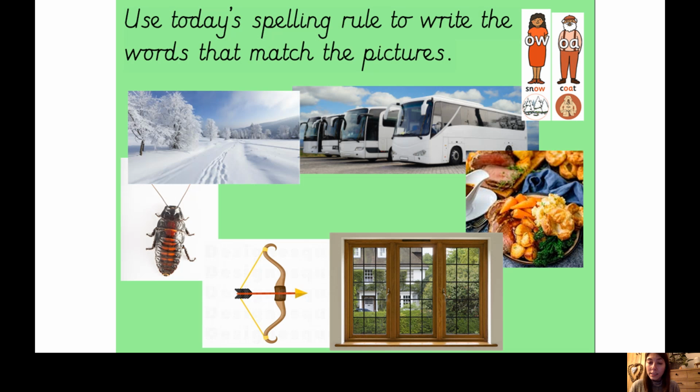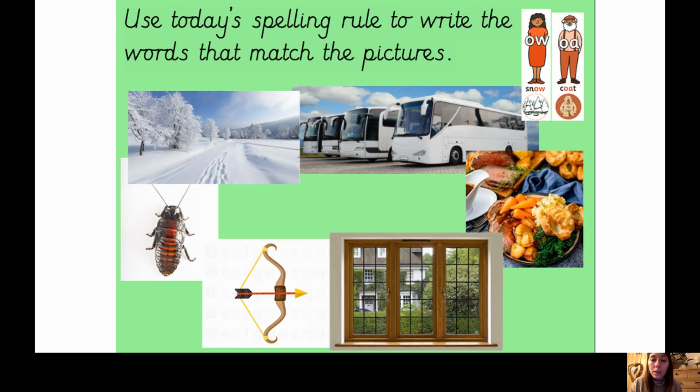I'm going to say the words that match the pictures on the screen so that you can have a go at spelling them. So, first, we've got a picture of something snowy. That's the word snowy. We've got a cockroach. Cockroach. An arrow.